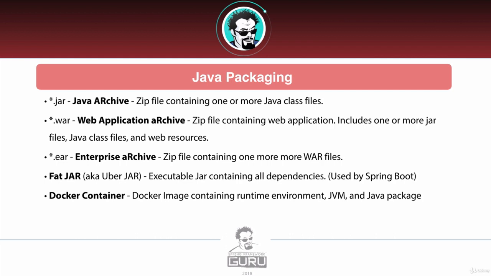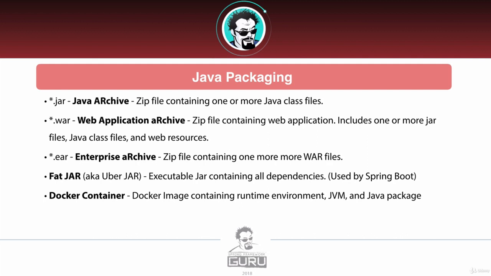Now, lately, we've been seeing a fat jar. Some people call it an uber jar. The terminology is a little flexible here. This is an executable jar which contains all dependencies. This is what, by default, Spring Boot is going to be using. So it's a deployable file that we can deploy on its own. It doesn't need anything else to run. And then a trend that we've been seeing over the last couple of years is also Docker containers.